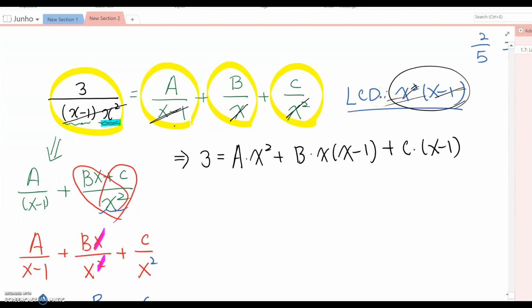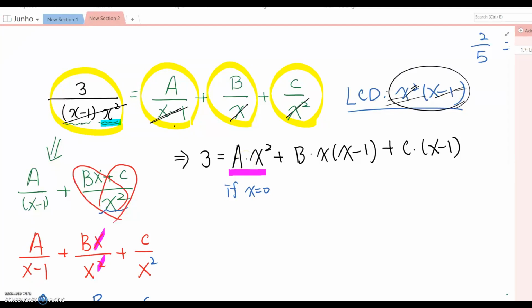So that's the reason. After you multiply that, it comes out 3 equals ax squared plus bx times (x minus 1) plus c times (x minus 1). Okay, then let's find some cases where each term becomes 0. For this term, if x equals 0, it becomes 0.